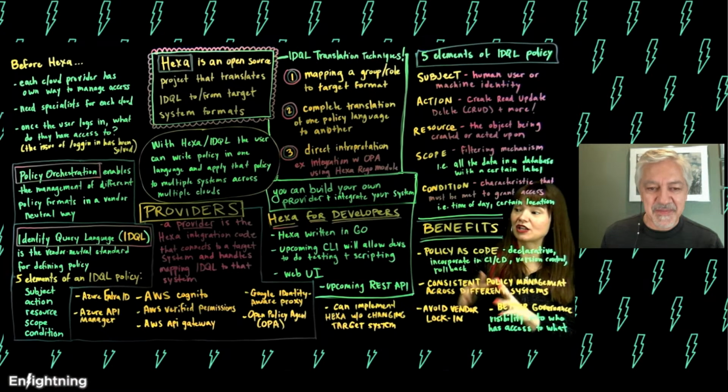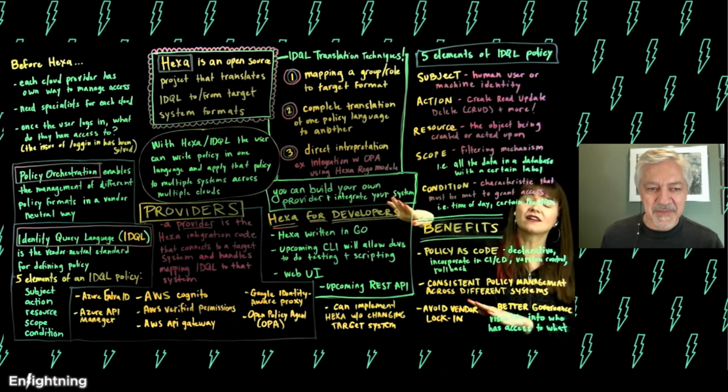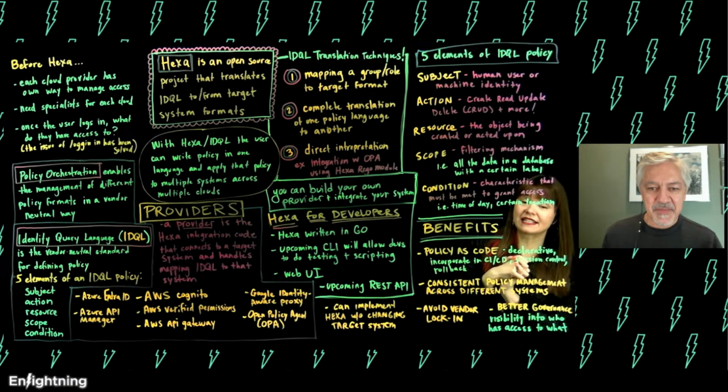So if you want, you could use Hexa and IDQL to write a single policy that can span all these different providers. But you can also build your own provider and integrate your own system. And we have some techniques for how to do that. One is the IDQL translation techniques that Hexa has used. One is to map a group or a role to a target format.